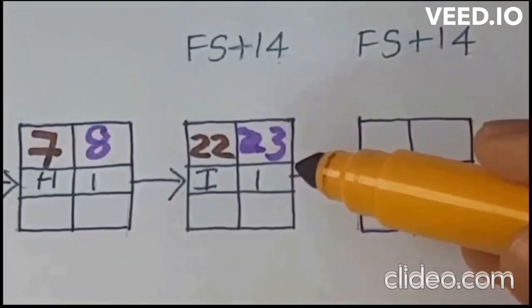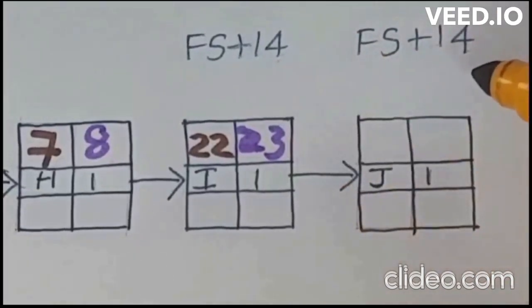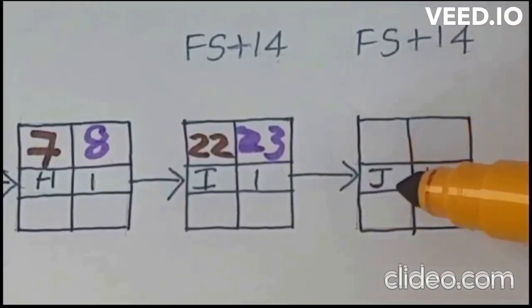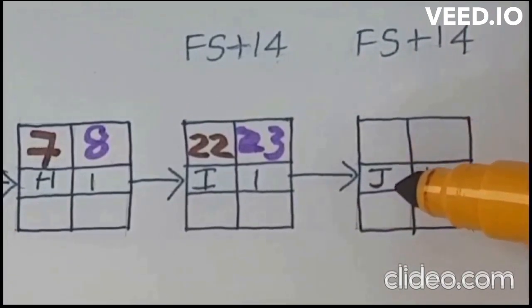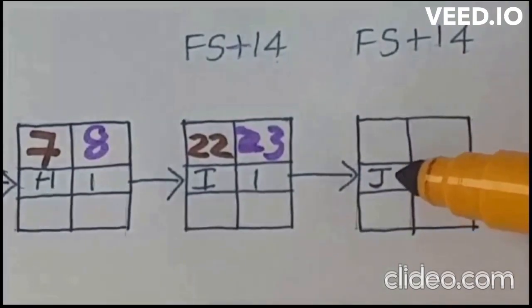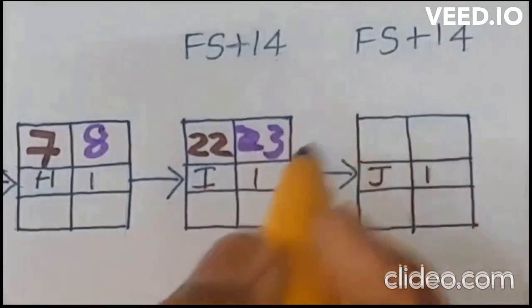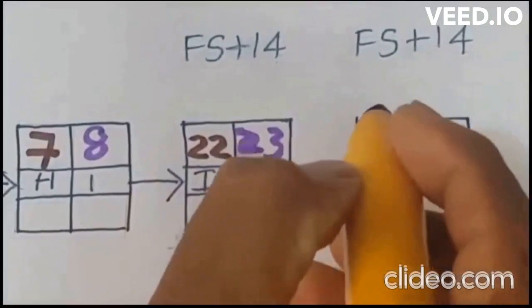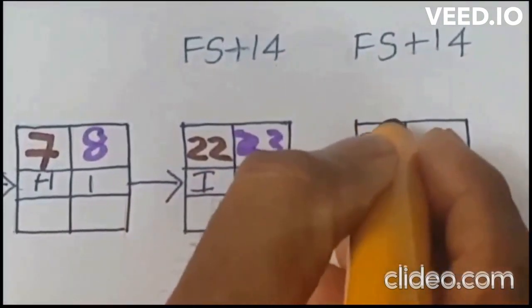So 23 plus 14, that is equal to 37. So after 37 days only activity J should start, or the earliest start time of activity J is 37. I hope you understood. So I will write the earliest start time of J as 37.